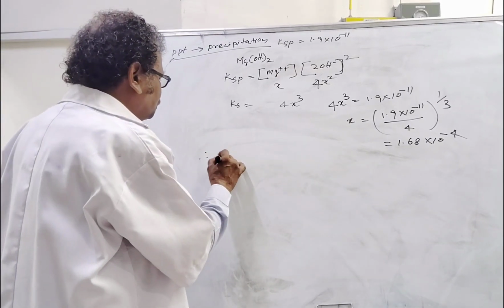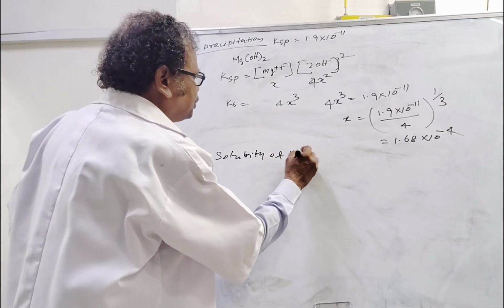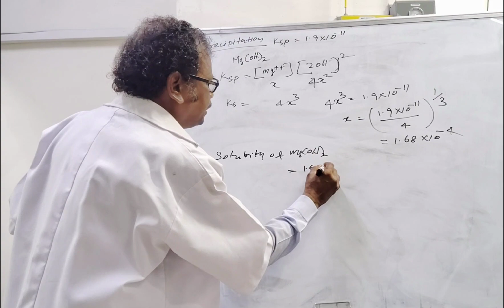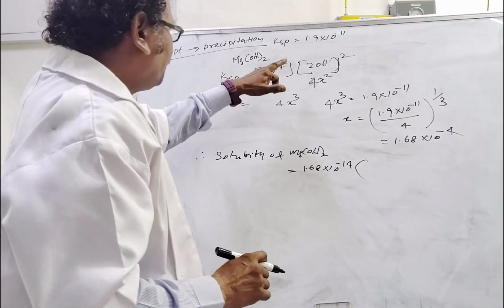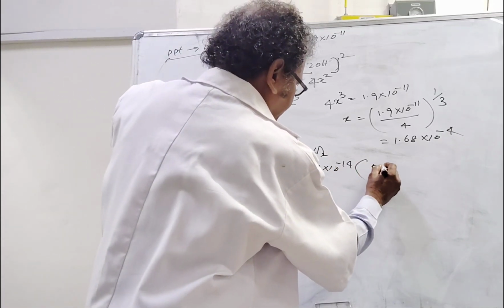Therefore, the solubility of magnesium hydroxide is equal to 1.68 into 10 to the power minus 4 into the molecular weight of magnesium hydroxide, that is 58.